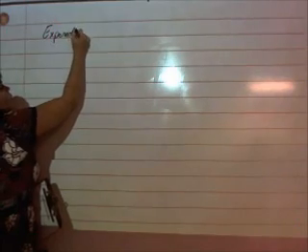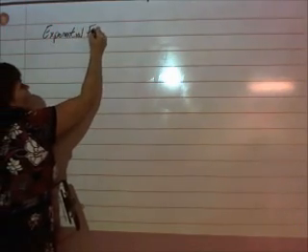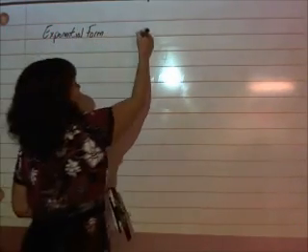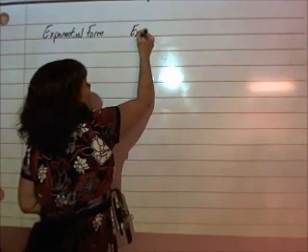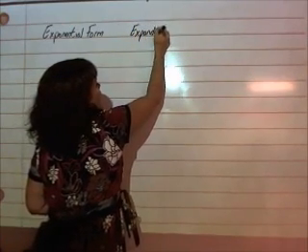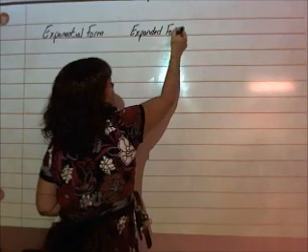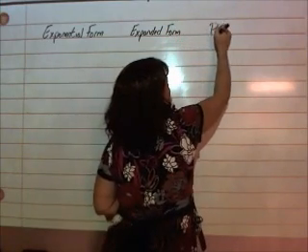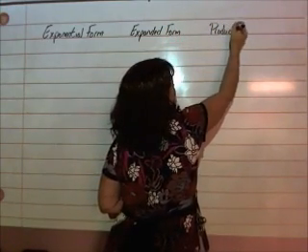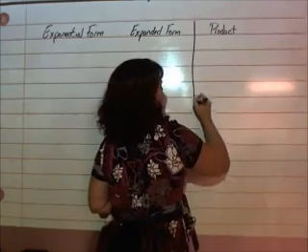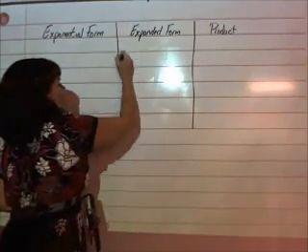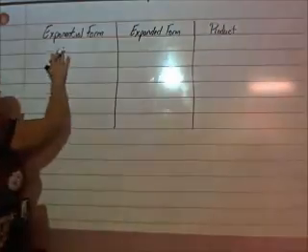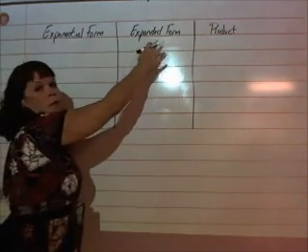You've got your exponential form, you have your expanded form, and then you have your product.